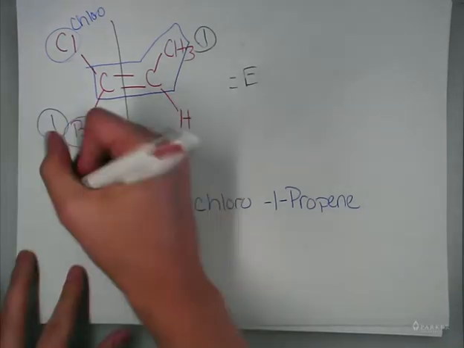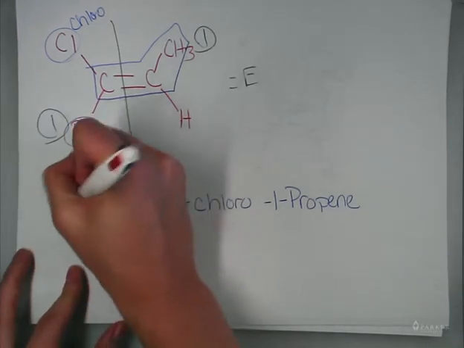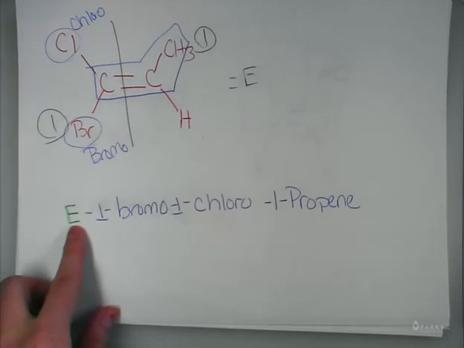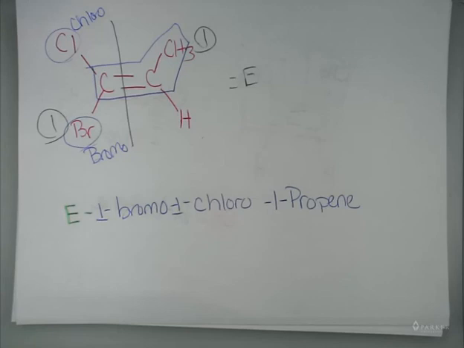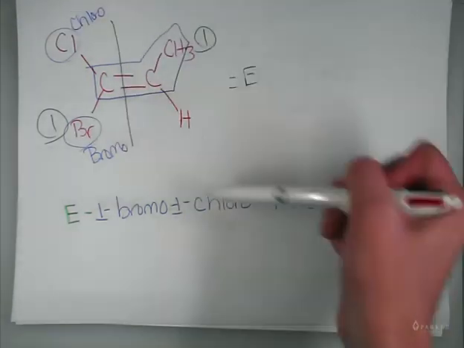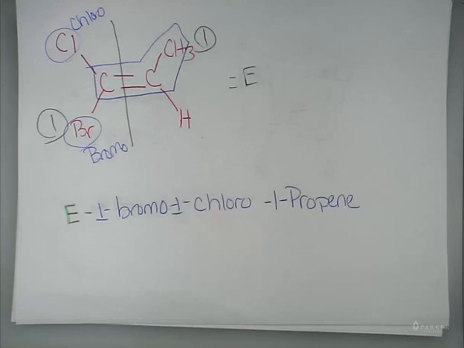E. So just kind of like if that was trans, you just put E at the very beginning. And just like cis or trans, the only way you know if something's E or Z is if I actually draw the bonds out. Okay, so if they just have it in a line, you can't tell.